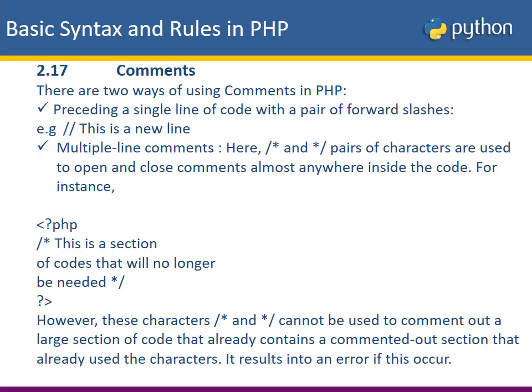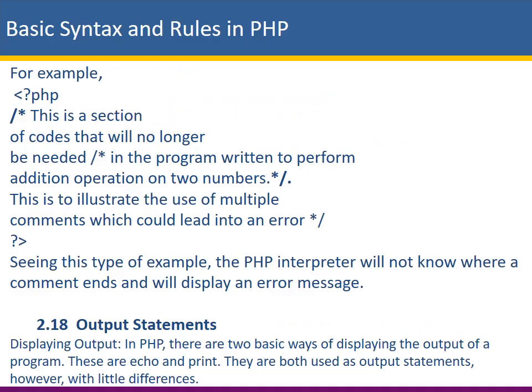These two characters cannot be used to comment out a large section of code that already contains a commented out section that already used the characters, because it will always result in an error if this occurs. So putting this slash asterisk in between multiple lines of code leads to an error from the PHP interpreter.